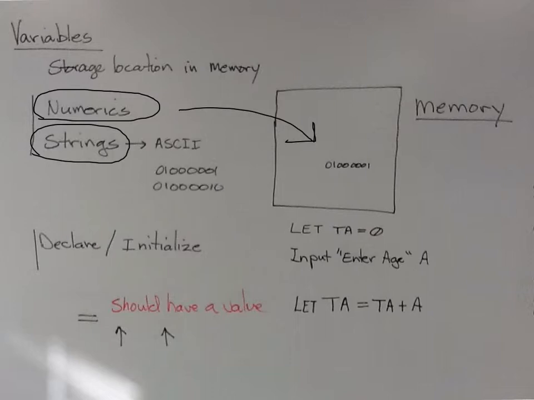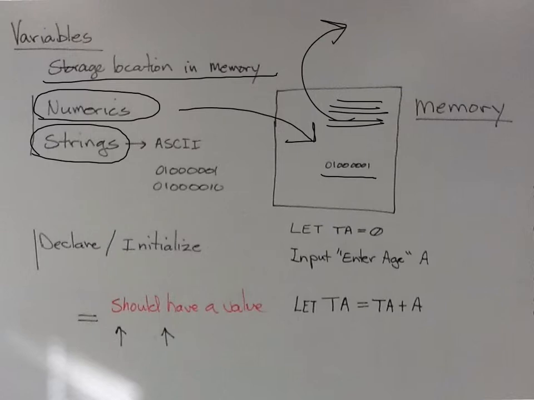A storage location in memory: really the operating system figures out where it's going to keep track of data in memory. You have a program executing up to the processor, the instructions get processed and back down to memory, and if those instructions need to reference a memory location, they can do that by using a variable. We use a variable name, but the operating system actually figures out where it's going to put it in memory.